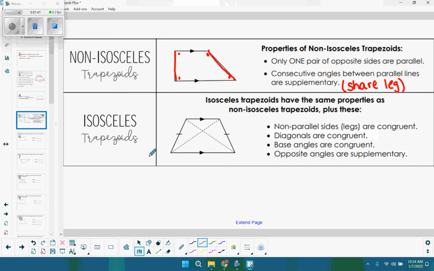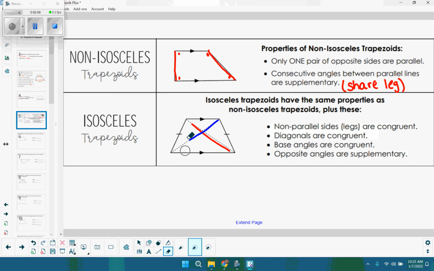If it's an isosceles trapezoid, it has those properties as well as the non-parallel sides, the legs, being congruent. The diagonals are congruent. So this segment here would be the same as this whole segment here. They're no longer bisected like they were in a parallelogram or a rectangle or a rhombus or a square. They're just congruent to each other. The base angles are congruent.